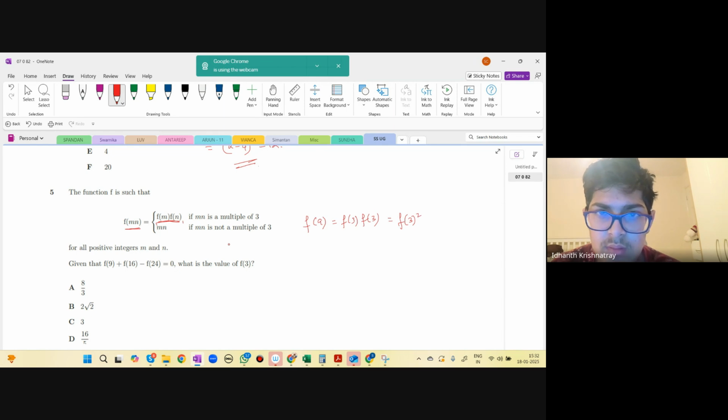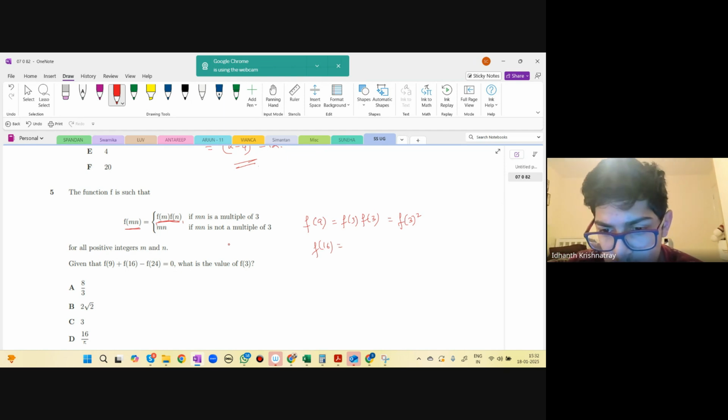Then f16. 16 is not a multiple of 3, so this will be equal to mn. So f16 will be equal to simply 16, right? Yeah. f24.